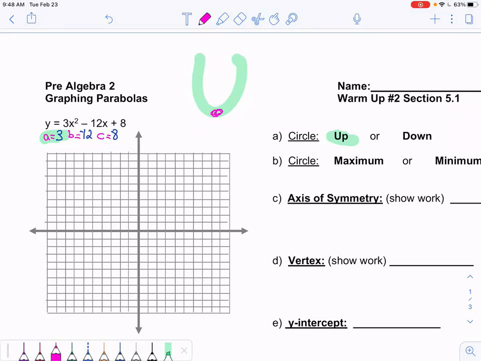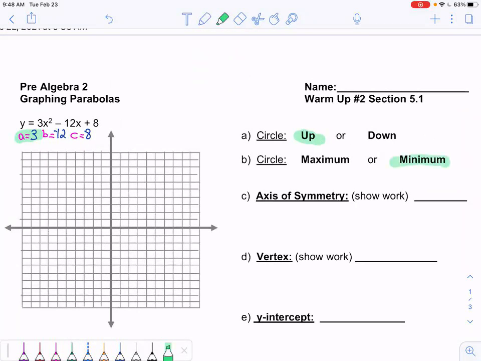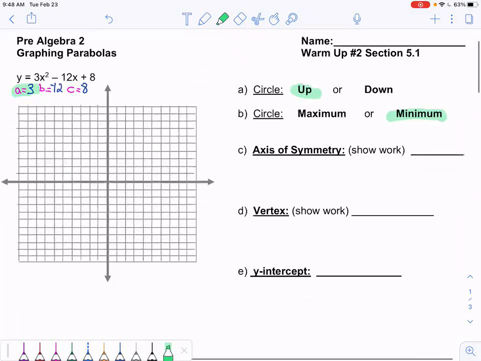If it's at the bottom, it would be minimum. And if you want to save A and B for later, you can. The big thing is knowing the axis of symmetry, the vertex, the y-intercept, what the formulas are for these.